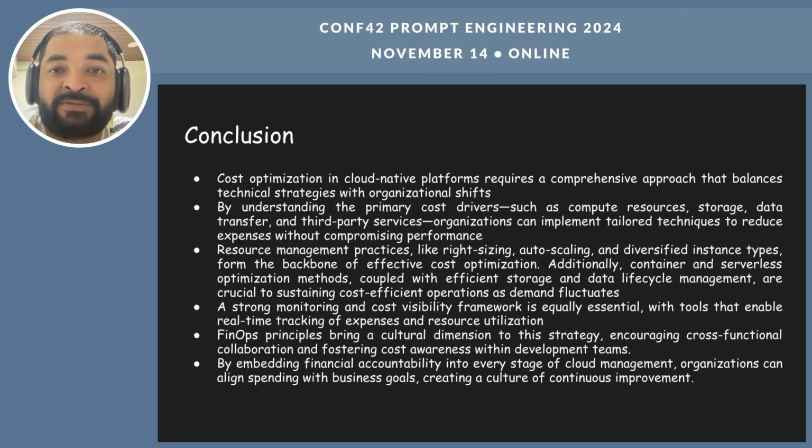And the engineering teams would be responsible for the cloud costs and the actions that they take for provisioning new cloud resources. With this financial accountability in every stage of cloud management, organizations can align spending with business goals, creating a culture of continuous improvement.